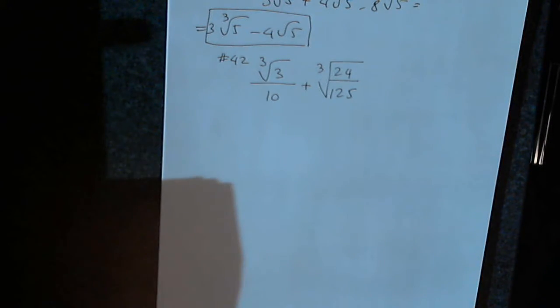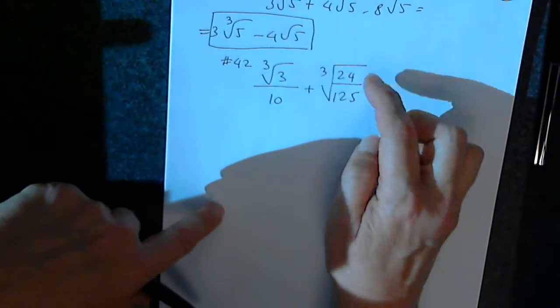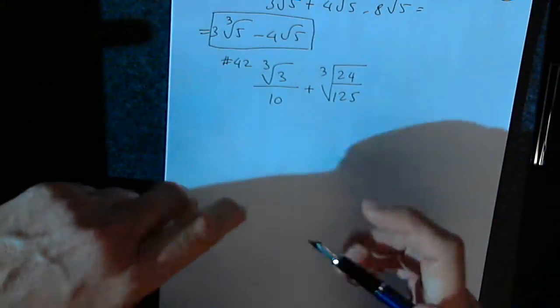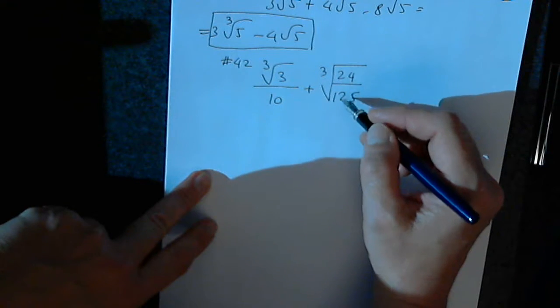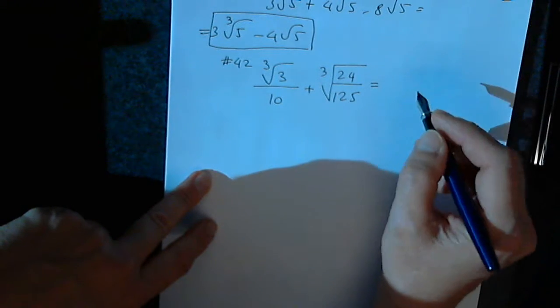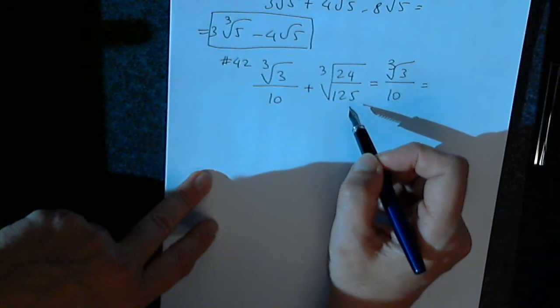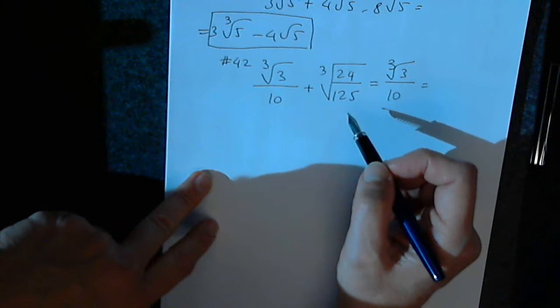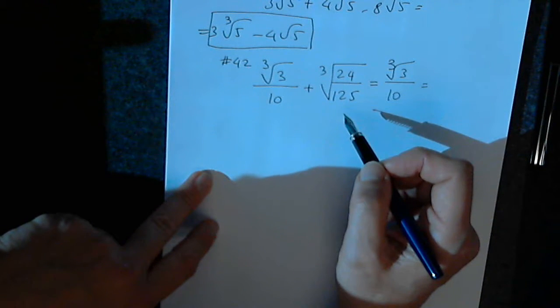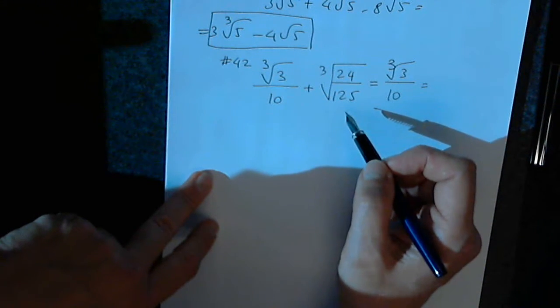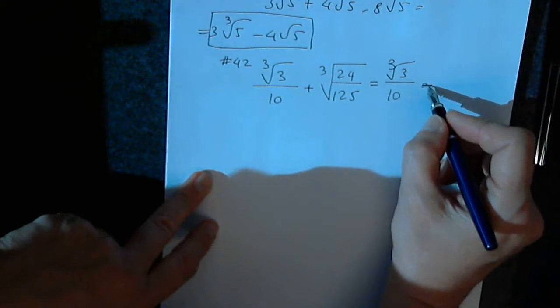No. So the whole effort is right here. So first I will try to simplify and see if these have common factors, because I hope that they do. So 24 and 125 have a common factor of? Maybe they don't. Oops, I meant to write plus.